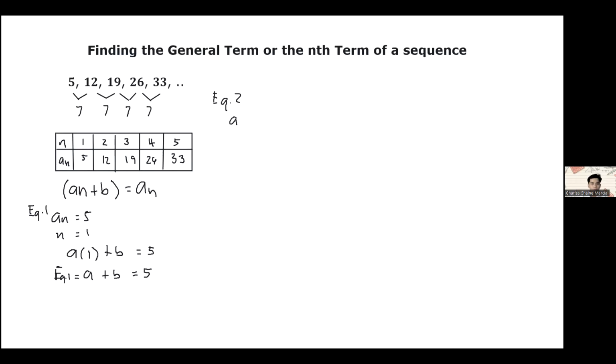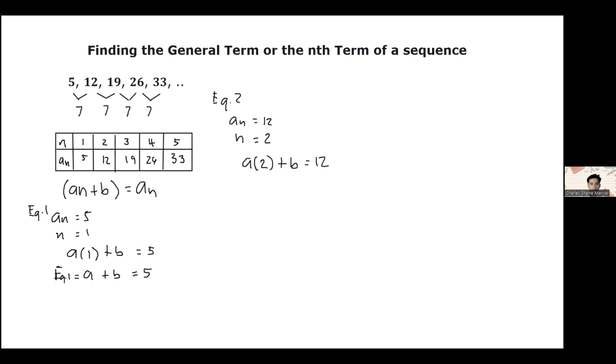So for a sub n that is equal to 12, and n is the second term, since the second term is 12. Now, let's substitute sa formula: a times 2, the value of n, plus b is equal to 12.